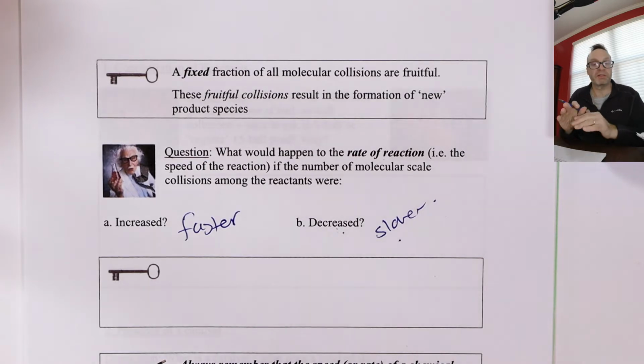Don't get confused later on with all the math. It always comes down to a simple idea. How often do the reactants bump into one another? There are things that affect that, obviously, which we'll talk about.